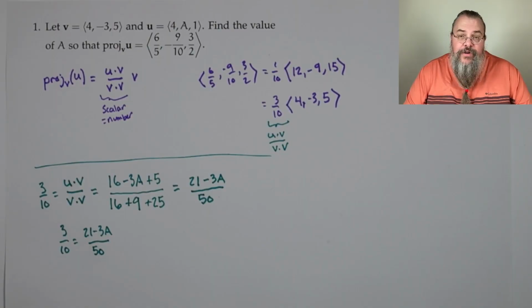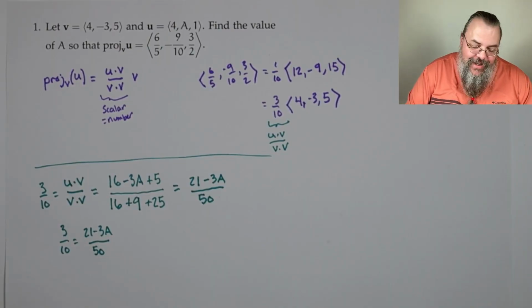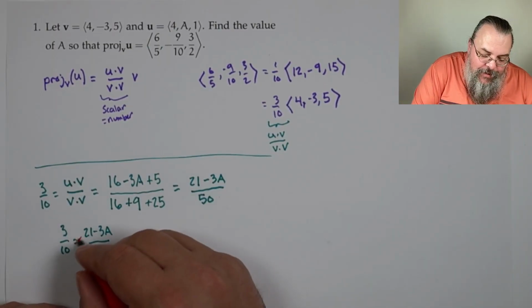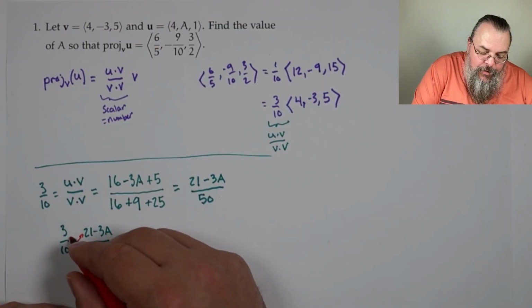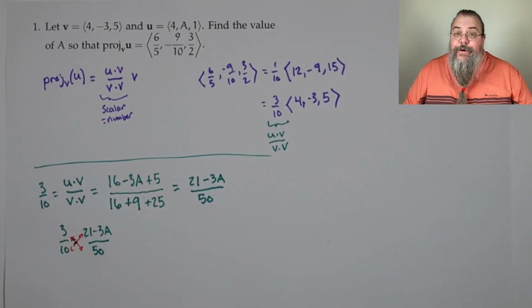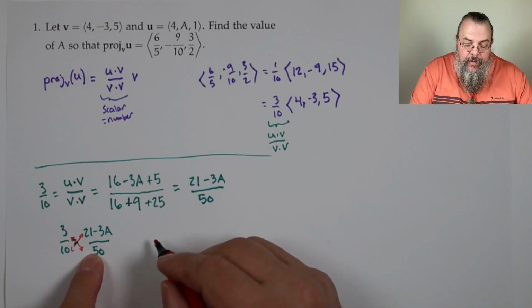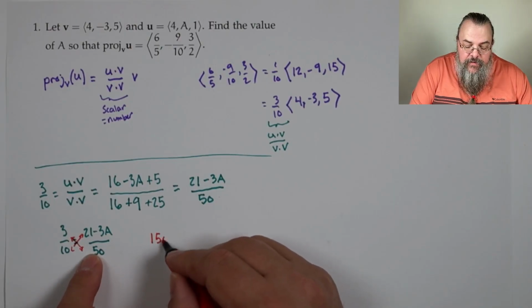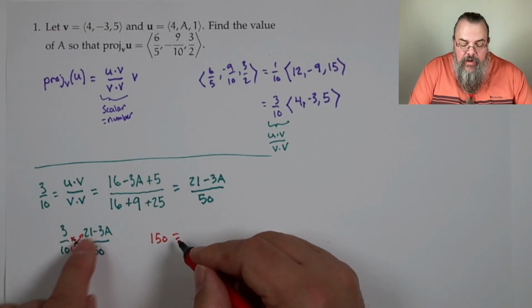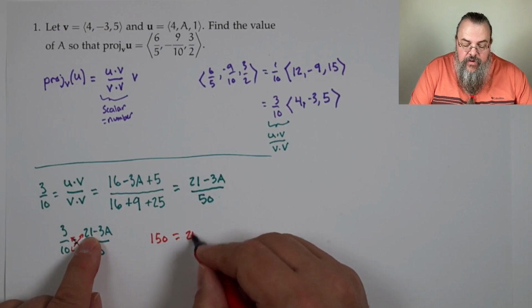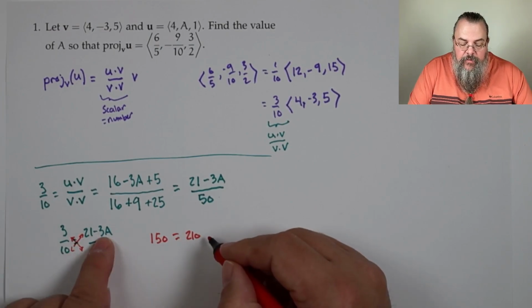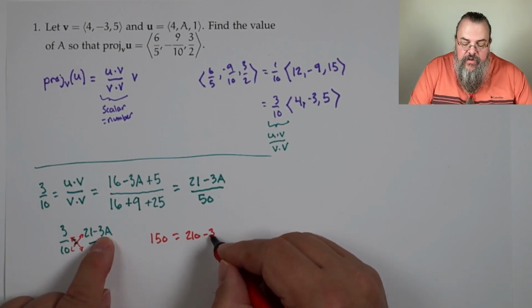You know, once or twice I had a bad experience with fractions, and I said, okay, I'm going to be super careful. And one of the ways to be careful is to get rid of them. So cross multiply. And we have what? 3 times 50, 150, equals 10 times 21, 210, minus 10 times 3A, minus 30A.